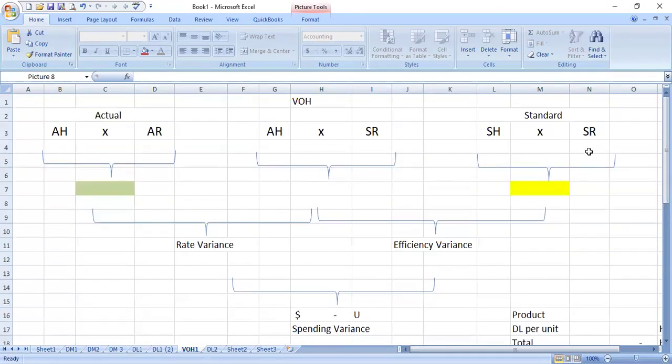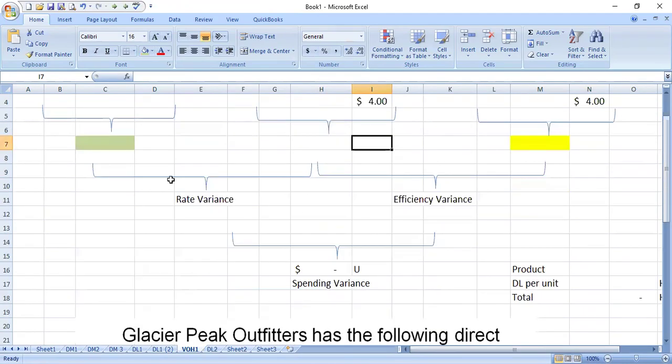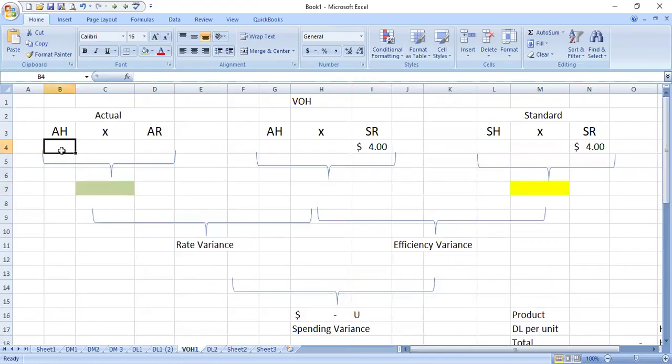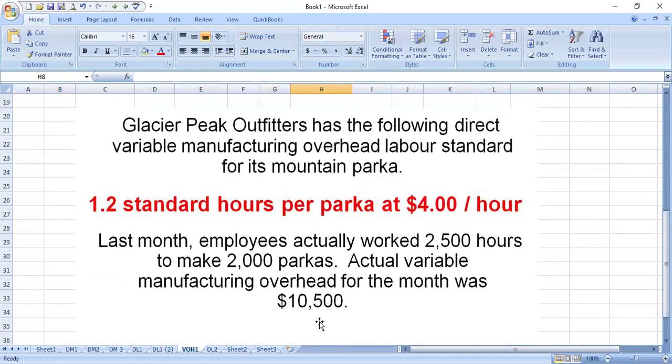That gives us the first information about the standard rate, which is $4. Next, last month employees actually worked 2,500 hours. So we can put the actual hours, 2,500 here and 2,500 here. And here we have our first calculation: times $4 is going to be $10,000.